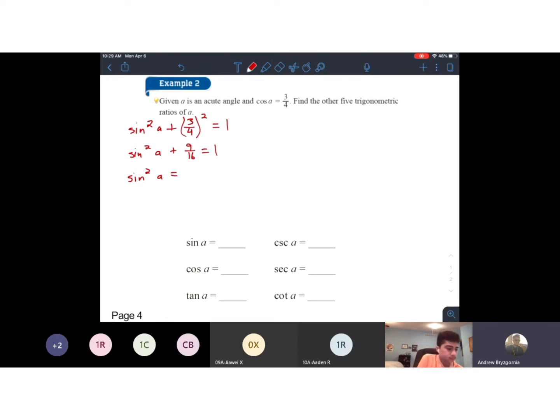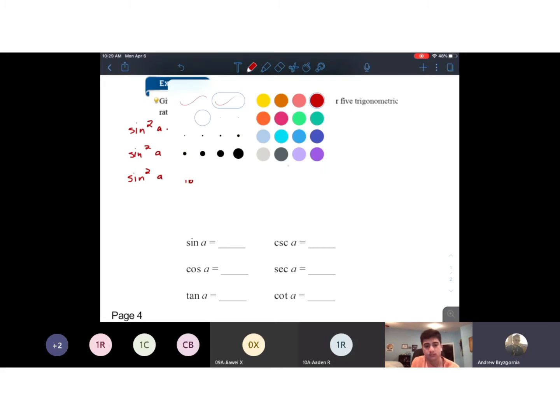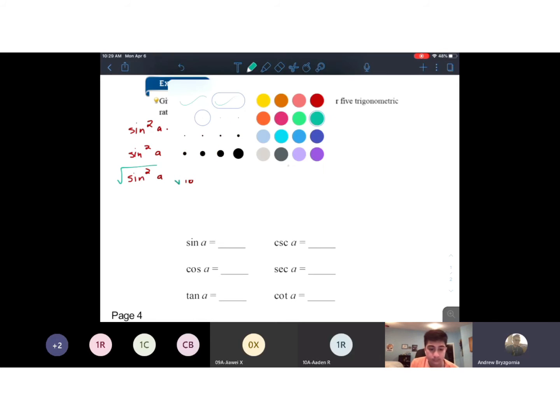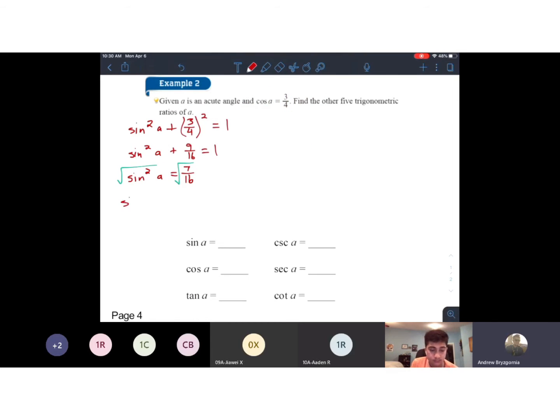We're going to subtract that over, and that's going to give us 7/16. And then we're going to do the square root of both sides. This one doesn't work out as nicely. Sine of A will be equal to root 7 over 4.